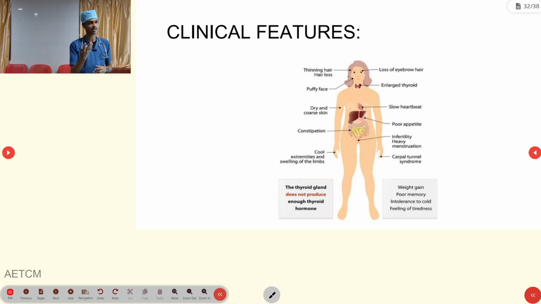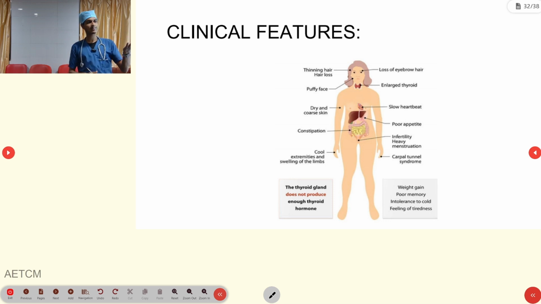There will be loss of eyebrow and eye hair, thin hair, puffy face, slow heart rate, bradycardia, and hypoventilation because of a low respiratory rate, which gives hypoventilation syndrome. Because of hypoventilation, hypoxia will be one consequence. Second, there is a buildup of carbon dioxide, meaning chances of respiratory acidosis.